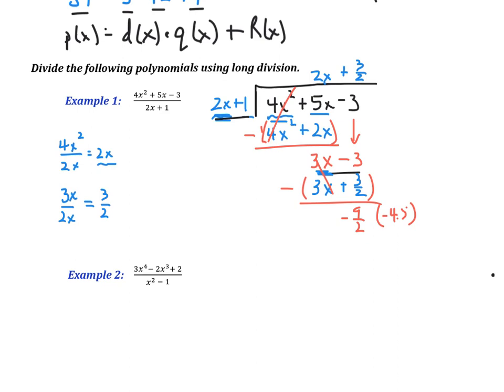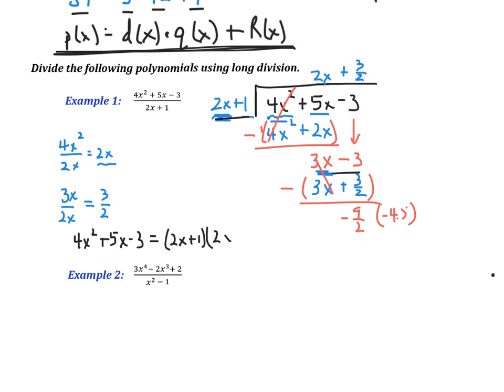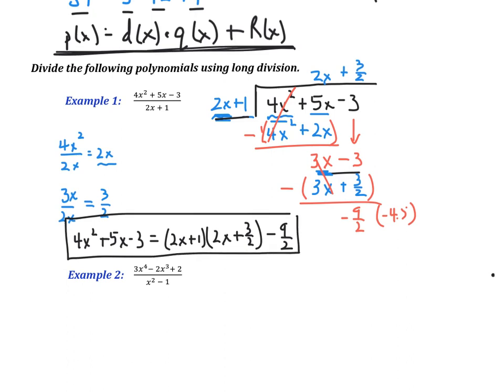Okay? All right, so in terms of writing it like we have above with our quotient and our divisor and our dividend, we could say that 4x squared plus 5x minus 3 is equal to a 2x plus 1 times a 2x plus 3/2 and then minus a 9/2. And that was our goal, was to be able to come up with that.